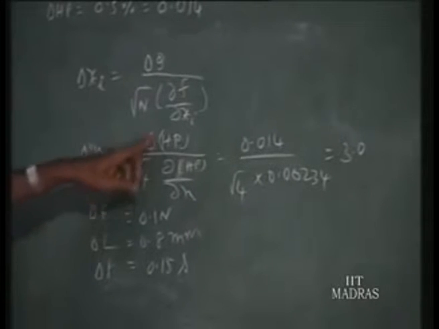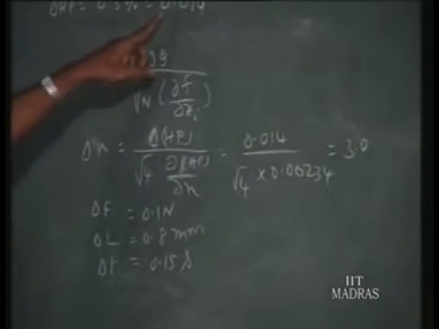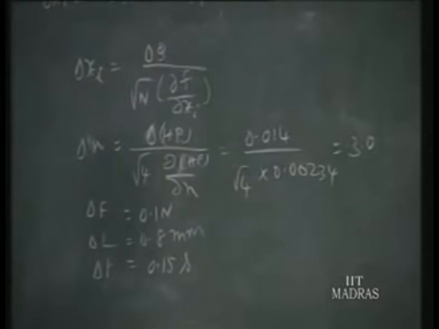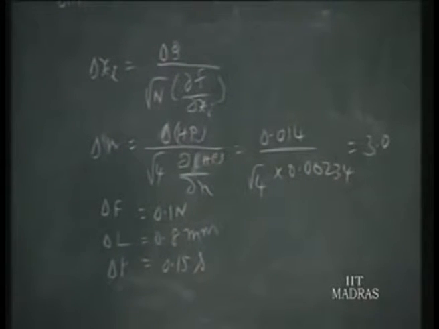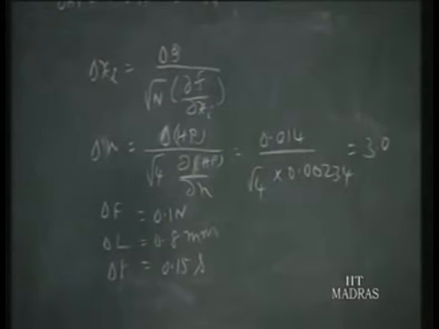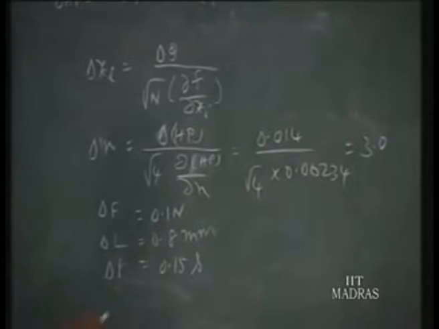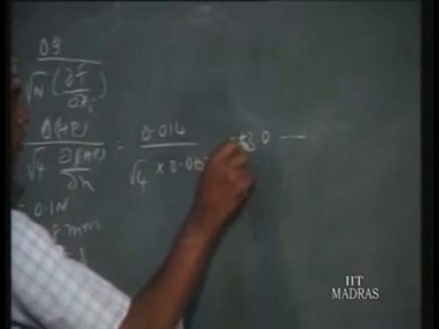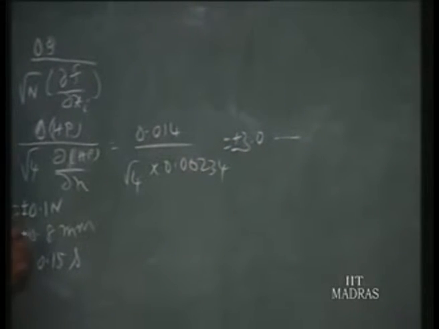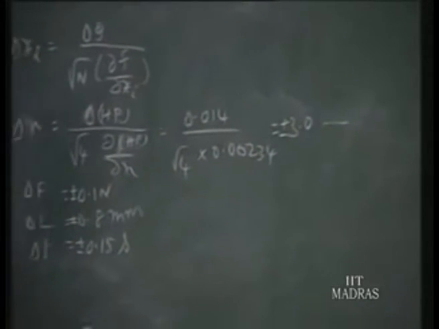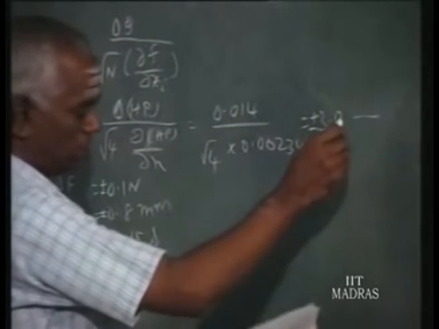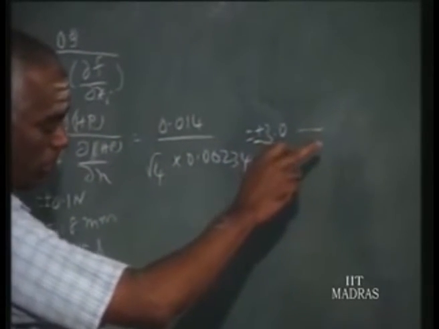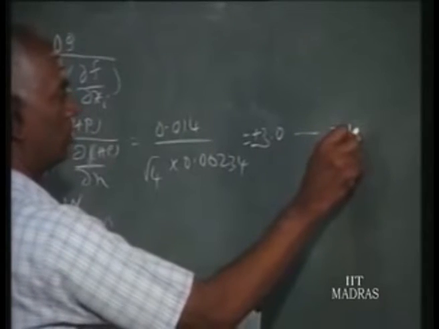If we want to achieve an accuracy of 0.5%, or within an inaccuracy of 0.014, what are the instruments we have to change? For the existing ones here, the required error is plus or minus 3, but what we already have is plus or minus 1, plus or minus 10.